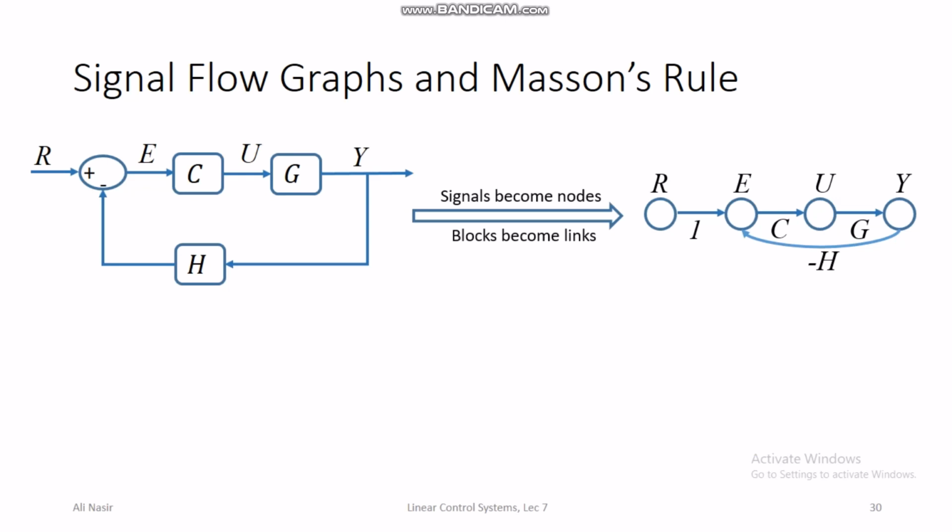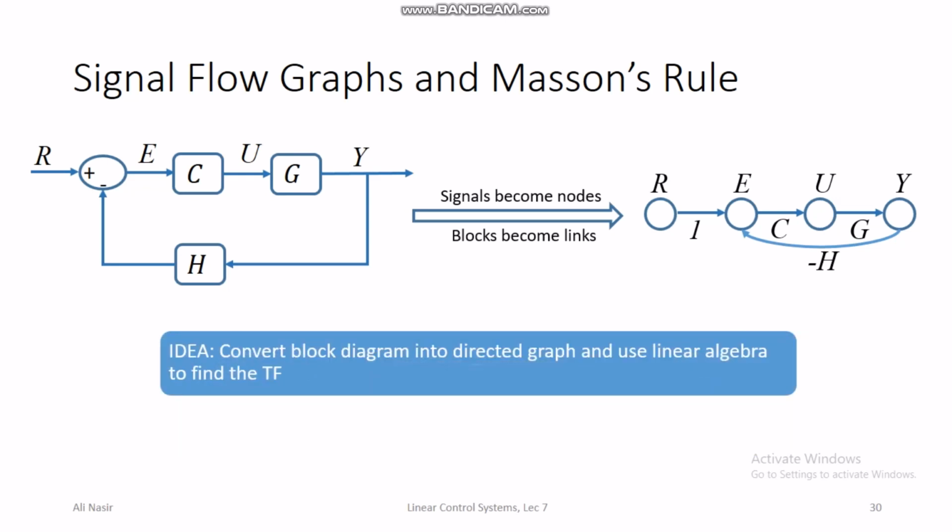The link between R and E is 1. 1 means that there is no block between R and E signals, and the link C and the link G represent block C and block G in the block diagram. The link minus H in the signal flow graph on the right side represents the block H in the block diagram.